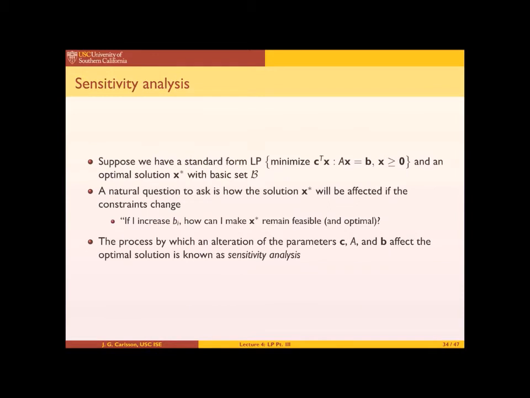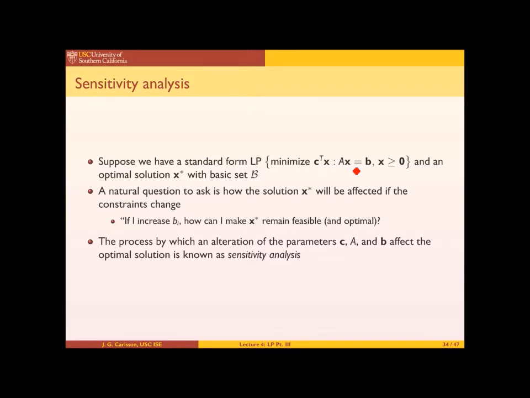Okay, so the idea there is, we'll work in the standard form just because that's how you build tableaus. We'll say we have a standard form linear program, so minimize c transpose x, Ax equals b, x non-negative, and we have the optimal solution already. So we've solved it, and the basic variables are 1, 3, 5, or whatever they are.